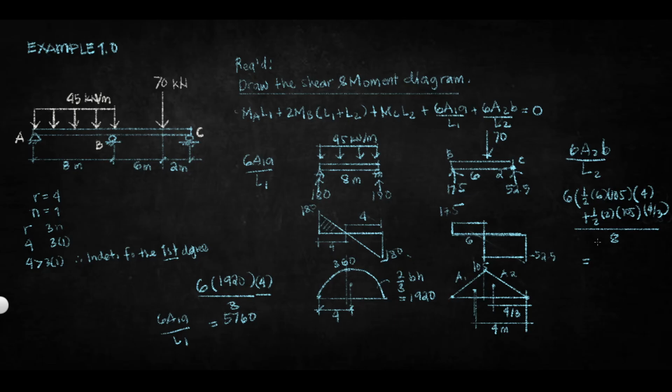So, 6, 1 half times 6. Okay, area yan, times 4. Plus natin yung 1 half times 2. Yung kanyang base, and yung height niya is 105. Kanyang centroid is 4/3.